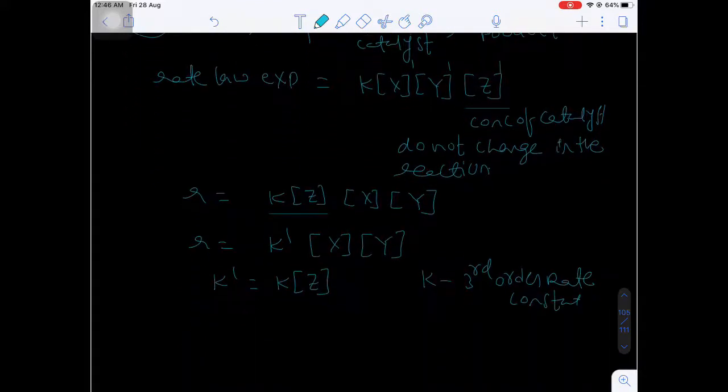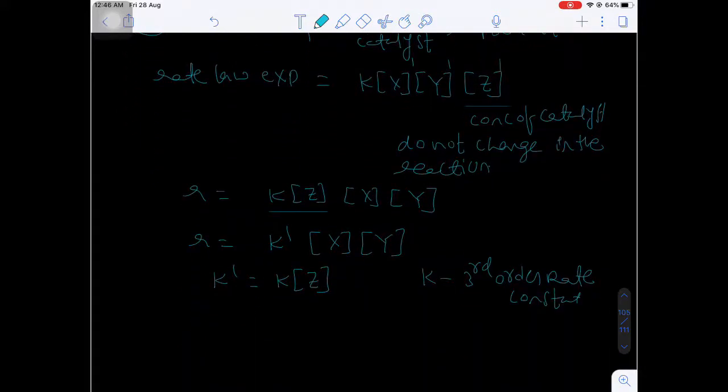Are you getting my point? Now here K dash will be equal to K into Z. Now here the K dash will be called what? Pseudo second order.